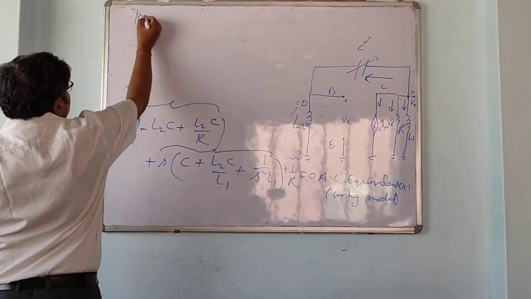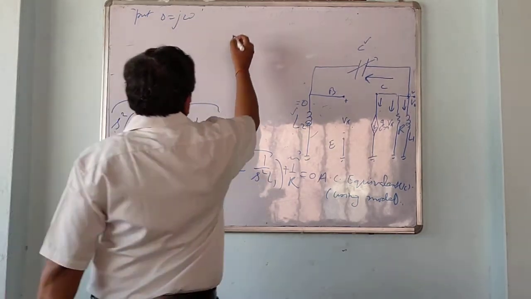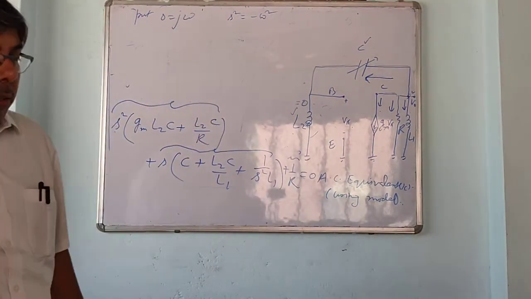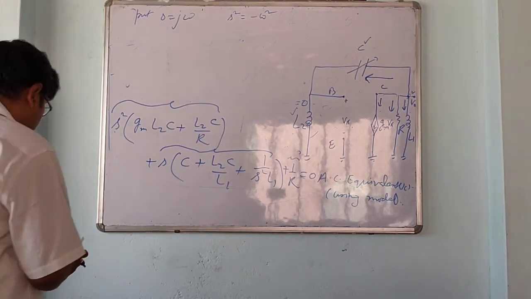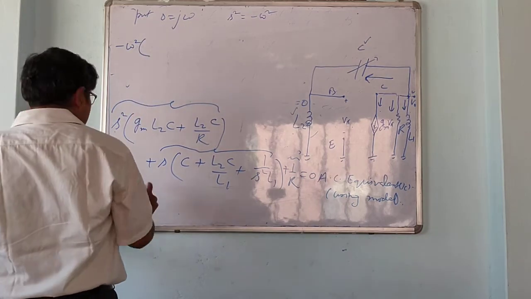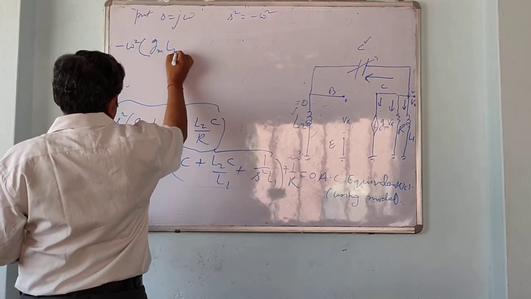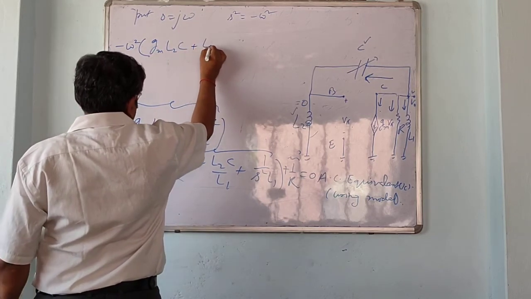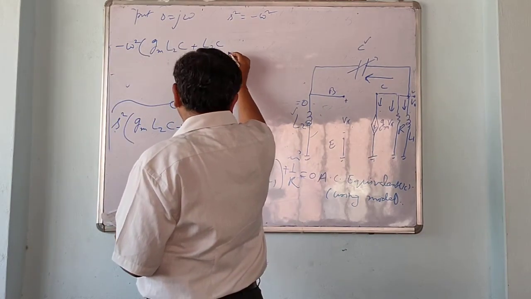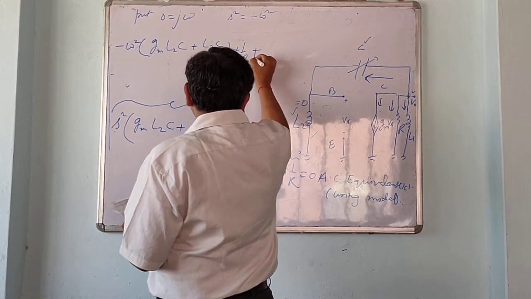Put S equals j omega. Obviously, S square equals minus omega square. So from here, you can write: minus omega square, first term, all these terms, Gm L2C plus L2C upon R, plus the constant term, then the imaginary part.